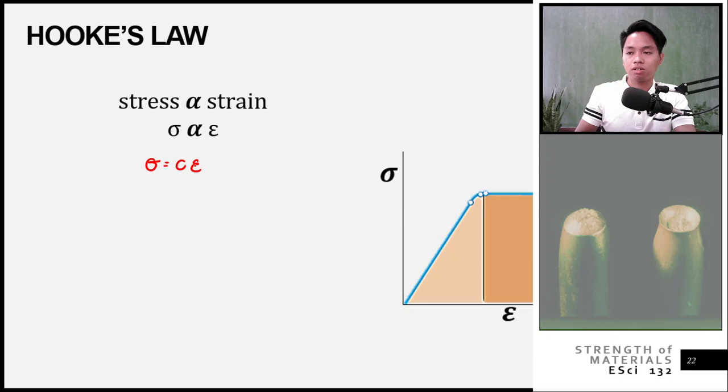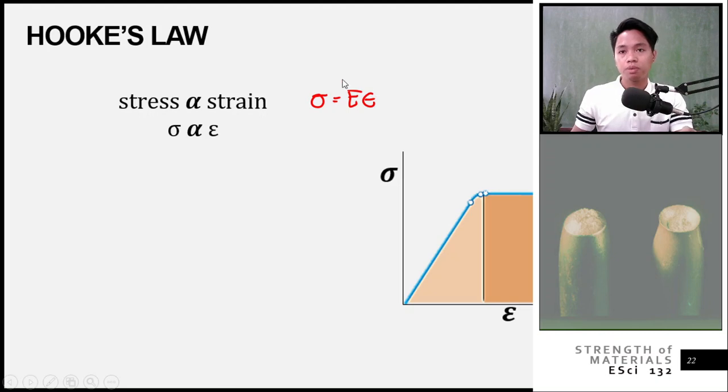This would be E multiplied by epsilon. Since they are proportional, we change it to equals with a constant of variation, which we call the constant of variation or constant of proportionality.